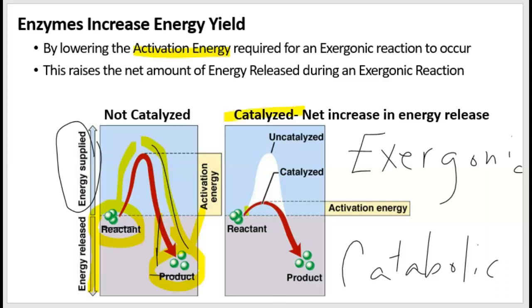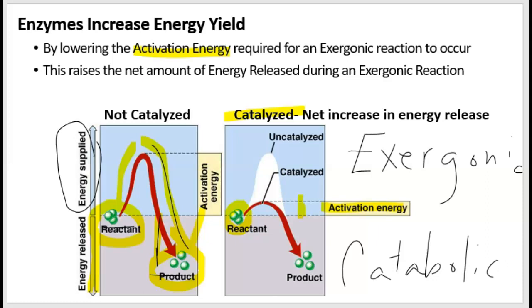Now the reactant binds to the enzyme, and the reaction proceeds. Notice that the amount of energy required to get the reaction to proceed, the activation energy, is much smaller. So you get a much bigger payout proportionally. That's an example of how an enzyme helps a reaction proceed.